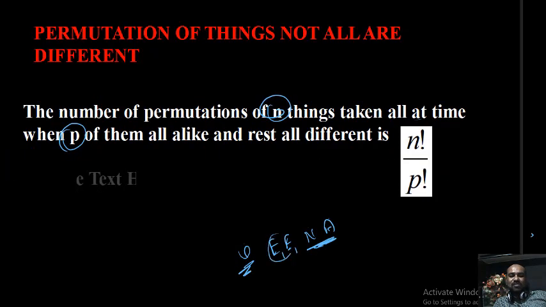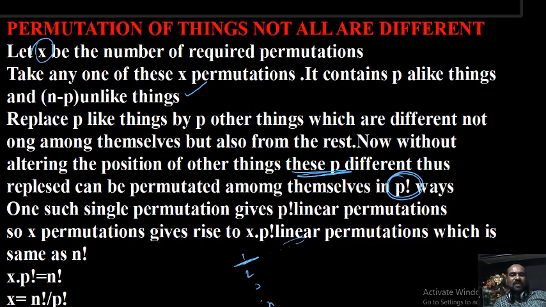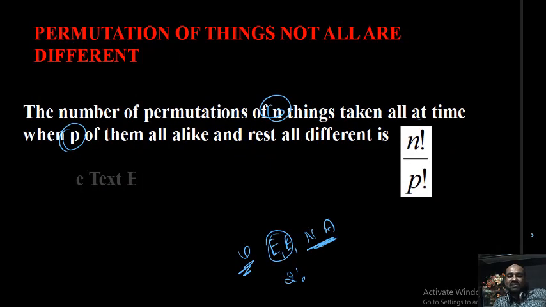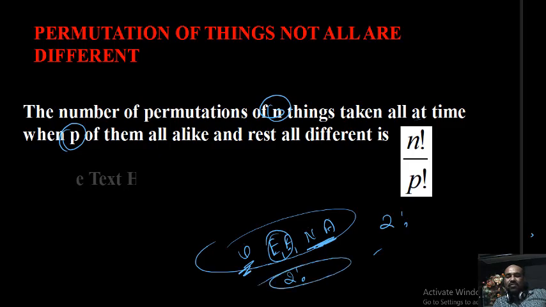Just two things are replaced, so they can be arranged in 2 factorial ways without changing the position of the rest of the elements, that means v, n, a. One such single permutation gives p factorial linear permutations. Another one gives another 2 factorial, like that.